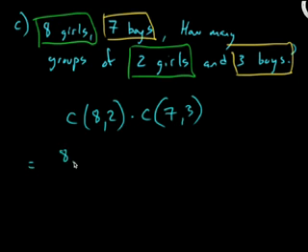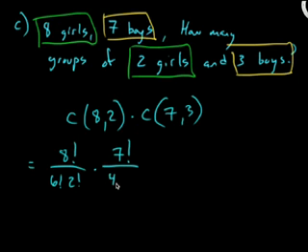This is 8 factorial over 8 minus 2, which is 6 factorial, 2 factorial, multiplied by 7 factorial over 7 minus 3 is 4, and 3 factorial. And because this is multiplying 2 fractions, I don't need a common denominator. I can just combine those all as one fraction.